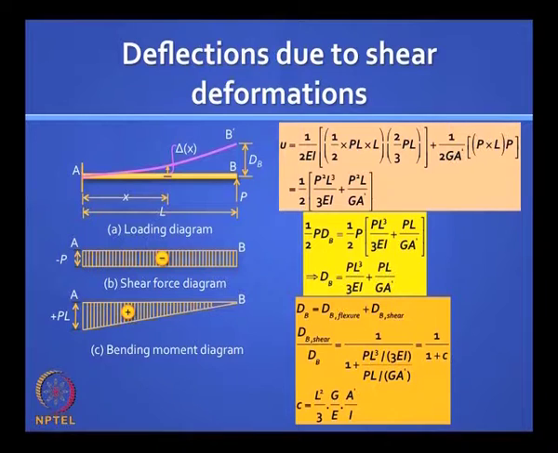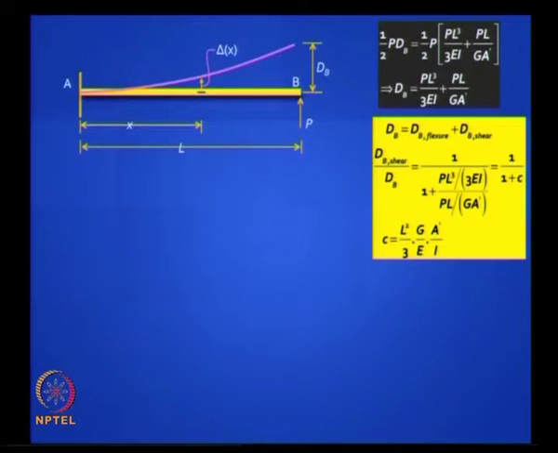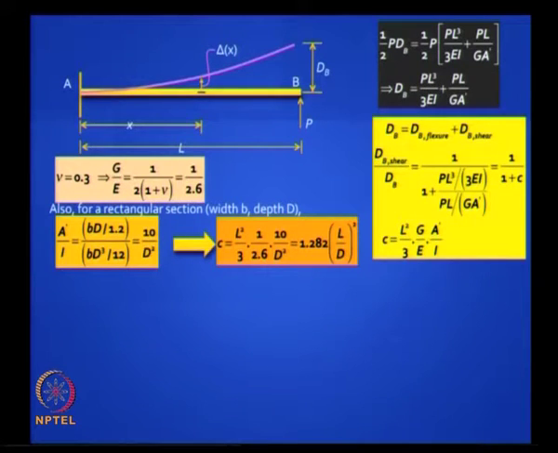Let us define a parameter C, which is L squared by 3 into G by E, where G by E is a ratio that depends on Poisson's ratio, into A dash by I. Now let us take a simple example of a rectangular section, and for a material like steel where Poisson's ratio is 0.3, that expression for C will reduce to something like 1.282 into L by D the whole square.